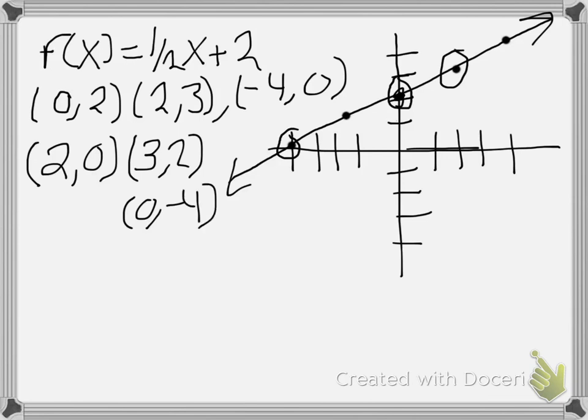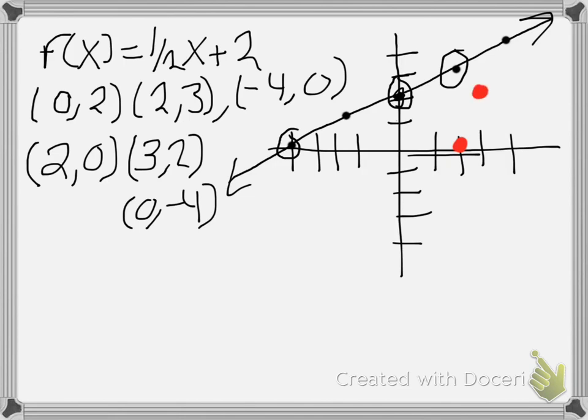Now let's go ahead and plot those points. First off, the point 2, 0. There's 2, 0. The point 3, 2.